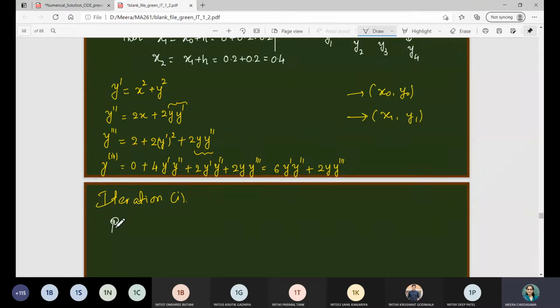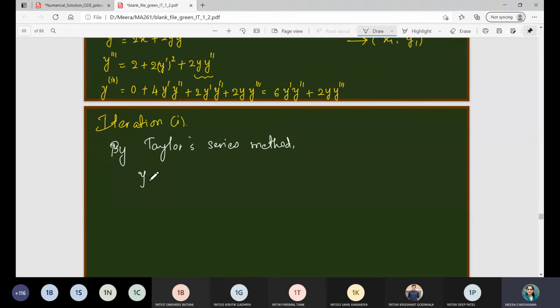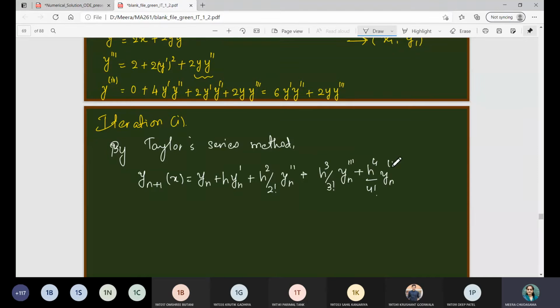By Taylor's series method, the formula is y_{n+1}(x) equals y_n plus h y_n' plus h square by 2 factorial y_n'' plus h cube by 3 factorial y_n''' plus h raised to 4 by 4 factorial times the fourth order derivative of y_n, plus so on, right?